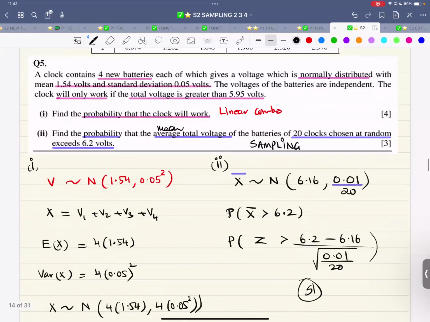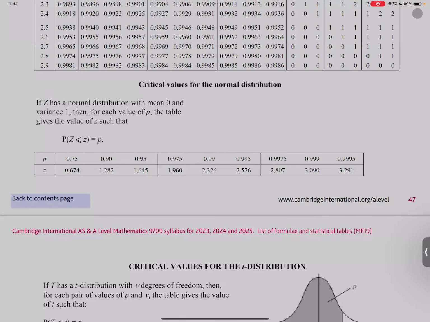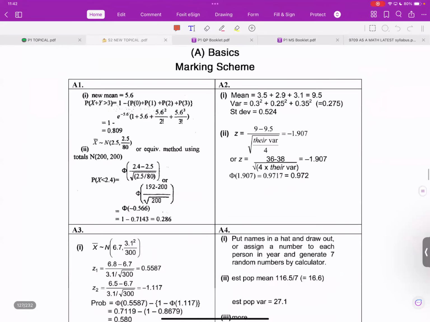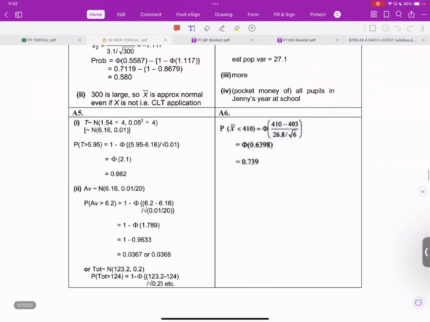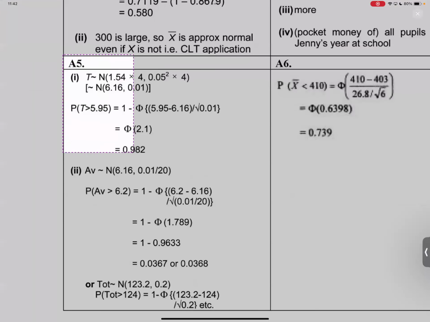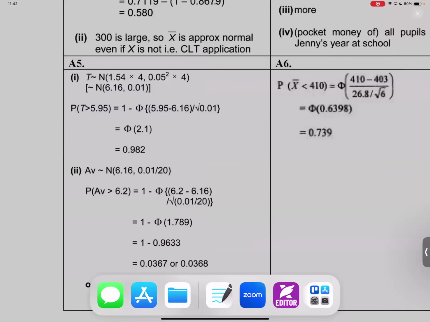So now let me give you the mark scheme for this one. Question number 5, and this is this chapter. Question 5, that is over here. And let me also show you the alternative way that they have done. It's another matter that I don't agree with that working.